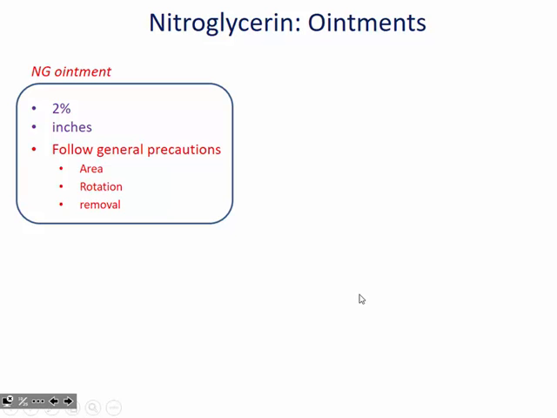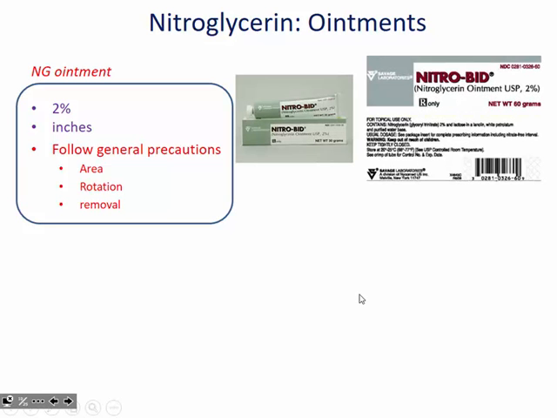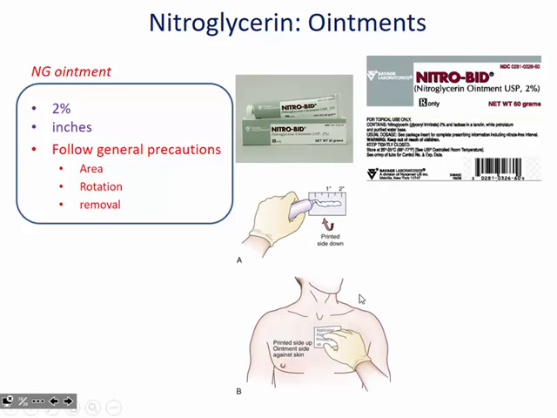All right, so ointments and patches, these are again topical application. Ointment comes in a strength of 2%. So what you do is, you actually have a strip like that.